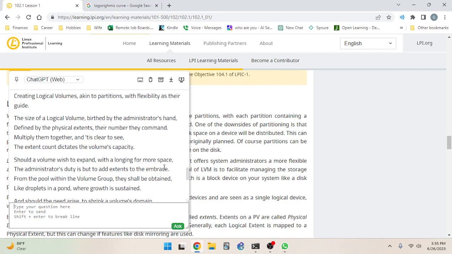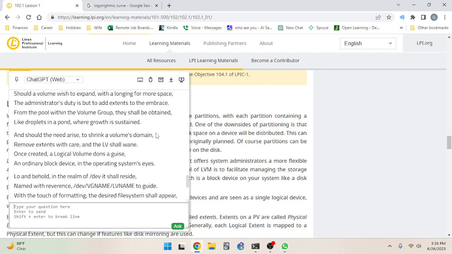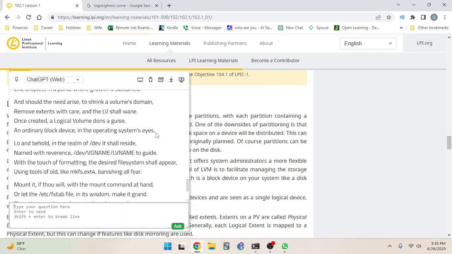Should a volume wish to expand with a longing for more space, the administrator's duty is but to add extents to the embrace. From the pool within the volume group they shall be obtained, like droplets in a water where growth is sustained. And should the need arise to shrink a volume's domain, remove extents with care, and the LV shall wane.